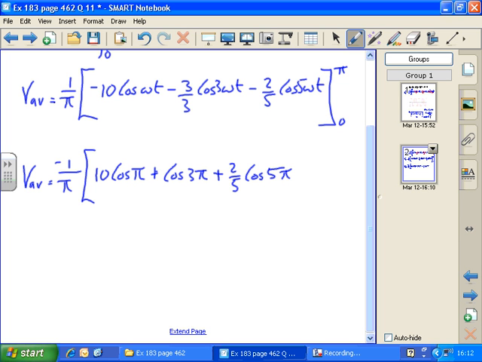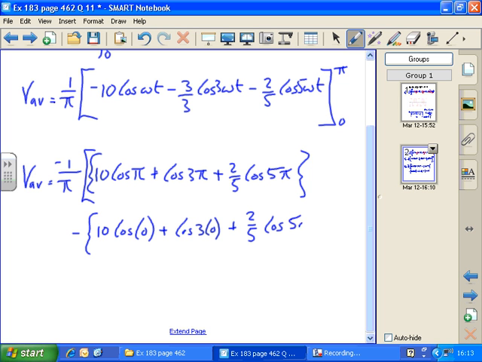That's the first limit put in. Minus, put the second limit in, 0, so the whole thing inside becomes 0. So that's 10 cos 0 plus cos of 3 times 0, which is 0, plus 2/5 cos of 5 times 0.